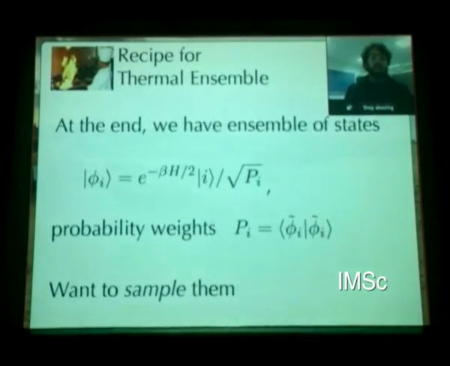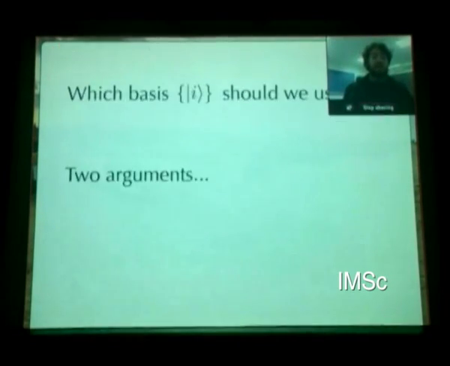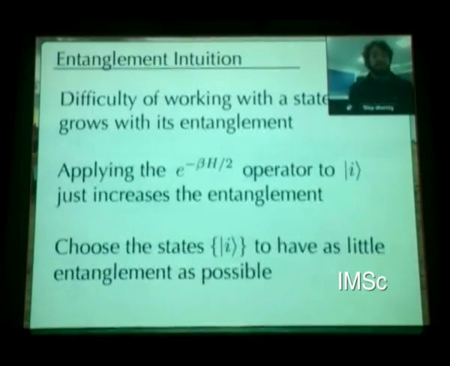But which basis i should we use? We have to start from some basis to apply this time evolution to. I'll give you two arguments, on this slide and the next, that will lead us to the basis we want to use. The first is thinking about entanglement. In DMRG methods, in matrix product state methods, the difficulty of working with a state grows with its entanglement.